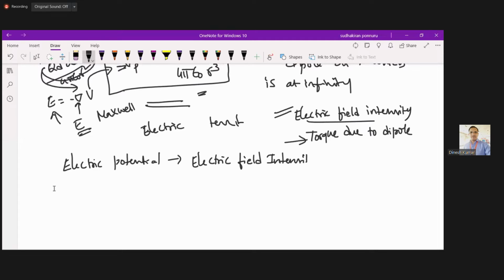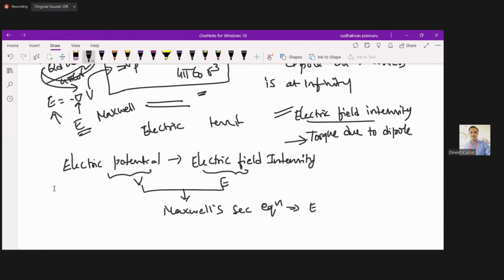We know the relation between electric potential V and electric field intensity E, which we already got using Maxwell's second equation: E is equal to minus del of V. So E is equal to minus del V.